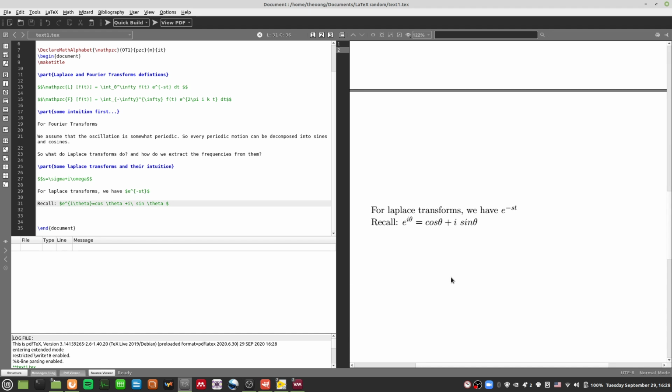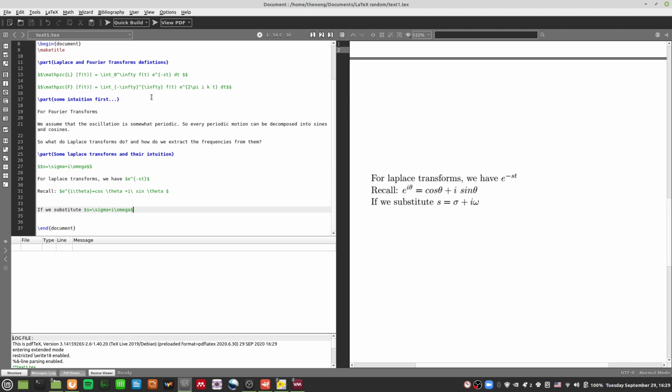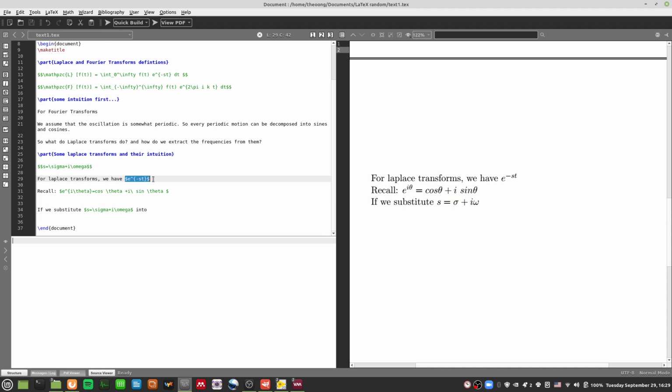This is also known as Euler's identity. So if we substitute this in, we substitute the sigma and i omega into the e to the power minus st and expand them out. What do we get?